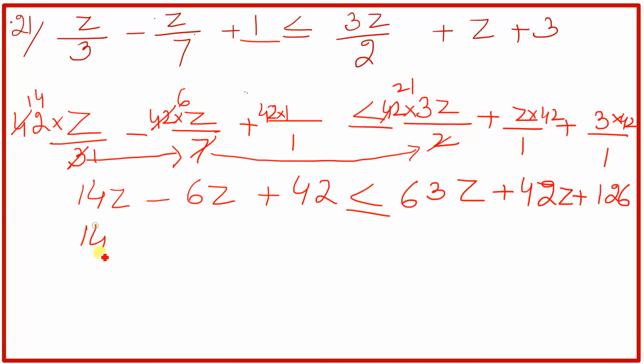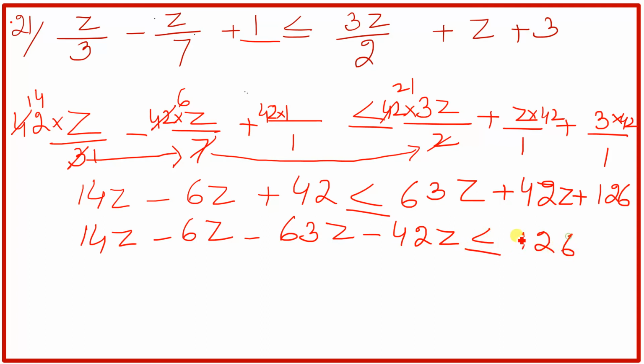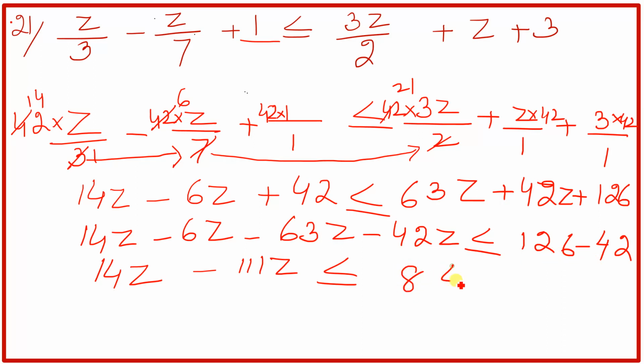Now we will take the transpose. 14z minus 6z remains the same. We have this 63z minus 42z is less than or equal to 126. Take the transpose of this 42, which is minus 42. So this is positive, 14z is positive, all these are negative. When you add, it will be equal to 101. z is less than, subtract 126 minus 42, we will get 84.